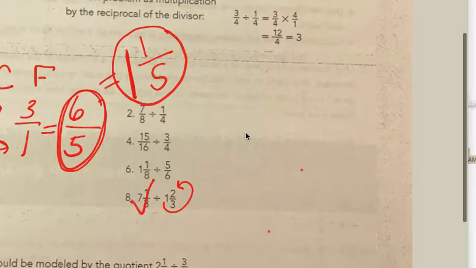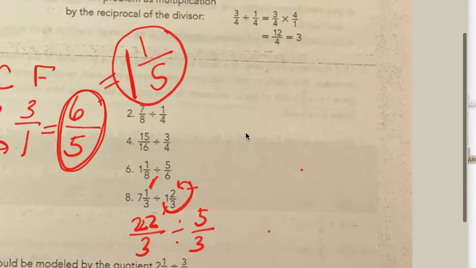So 7 times 3 is 21, plus 1, I have 22/3, divided by 1 times 3 is 3, 3 plus 2 is 5/3. I think that bottom number was 3. Yeah, good, I was just double checking. Okay, so I have 22/3 and 5/3.